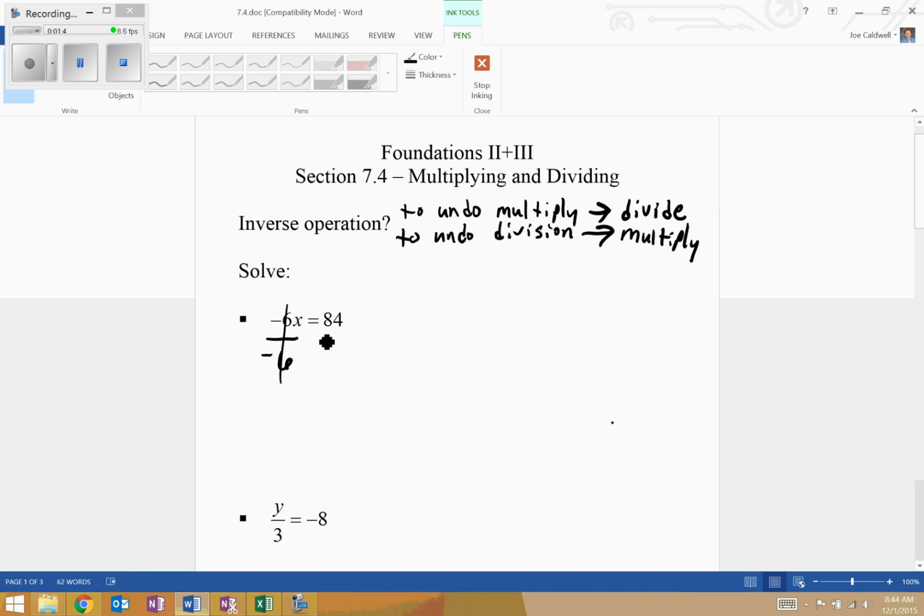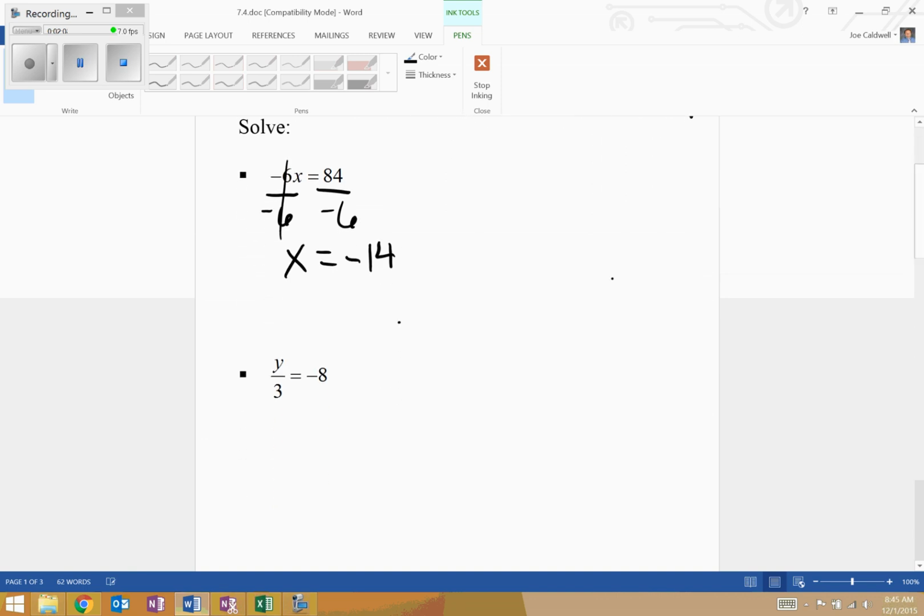And then whatever you do to one side, you have to do to the other side. So on this side, we're just left with 1x or just x, right? And then 84 divided by -6 is negative, because we have only one negative sign here, 14. Okay, so whatever, you just do the inverse operation of whatever is being done to the x.